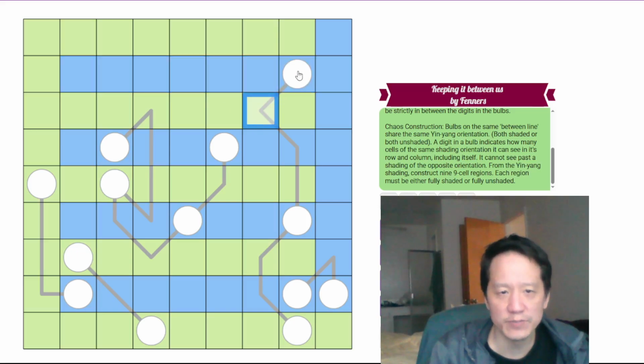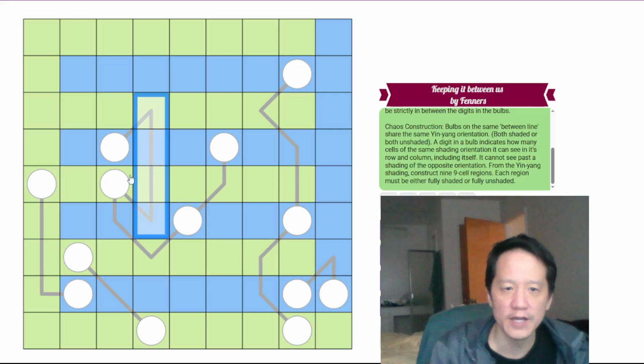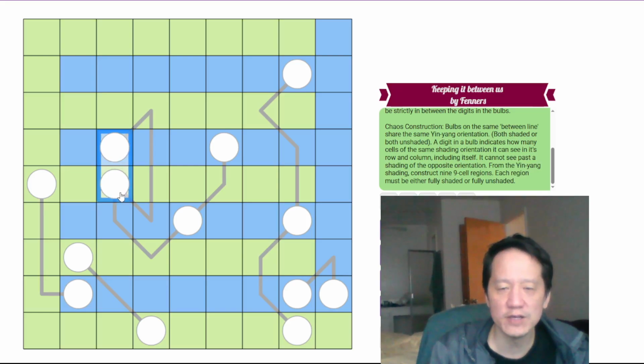So as an example, this doesn't work because the bulbs for this between line are from different yin-yang orientations, and that's not allowed. They have to be of the same yin-yang shading.